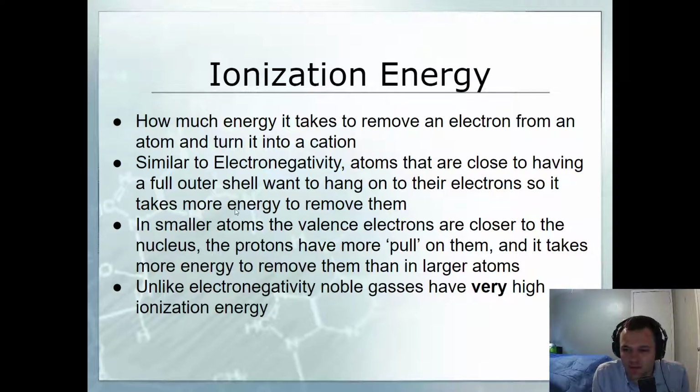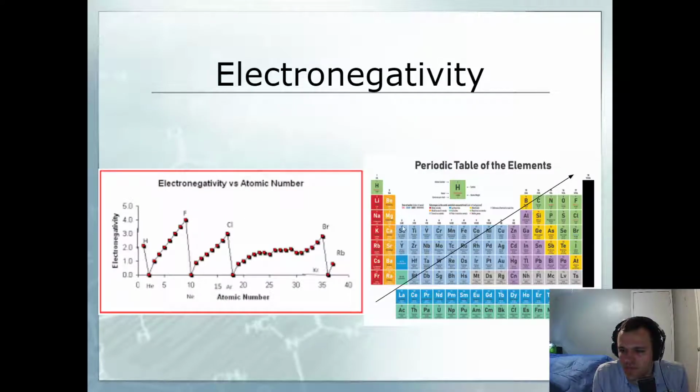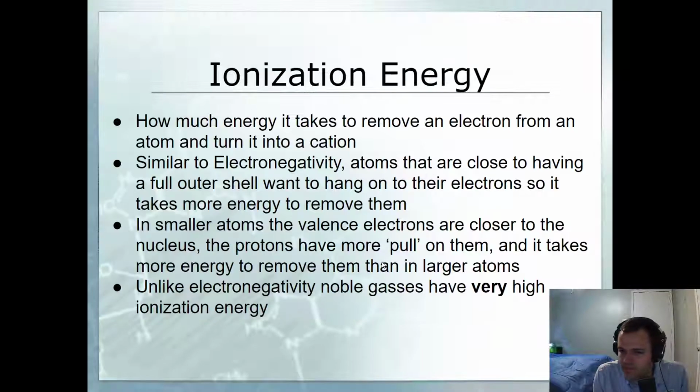Similarly, the atoms over here with just 1 or 2 valence electrons don't care if you take one away. That's helping them out. So it doesn't take very much energy at all to take an electron from one of these guys over here. They're happy to give it up. The same story applies with the size of the atoms.